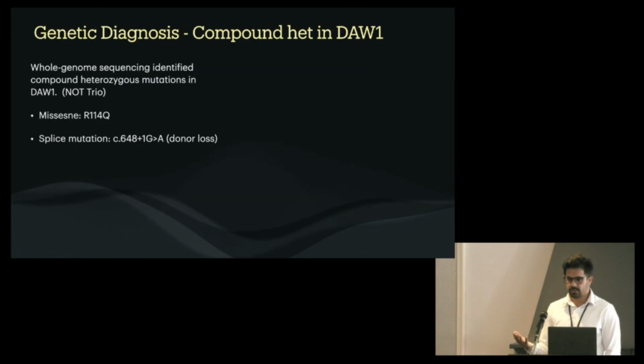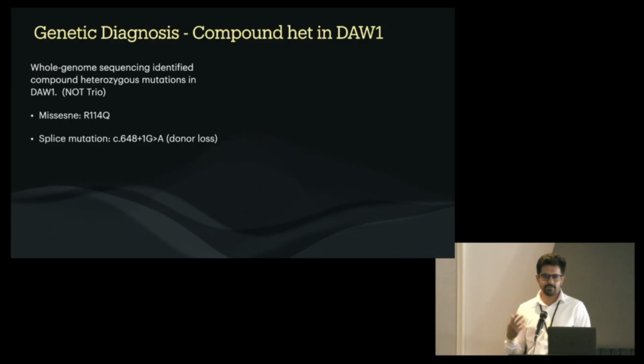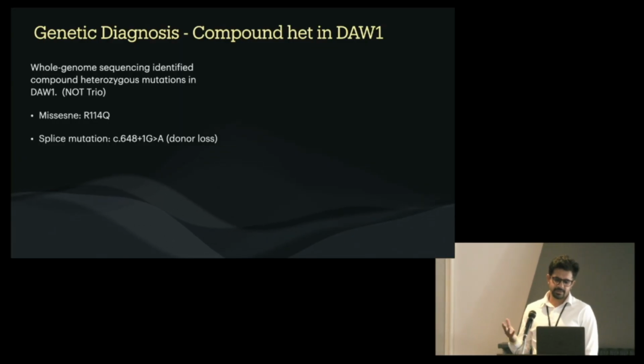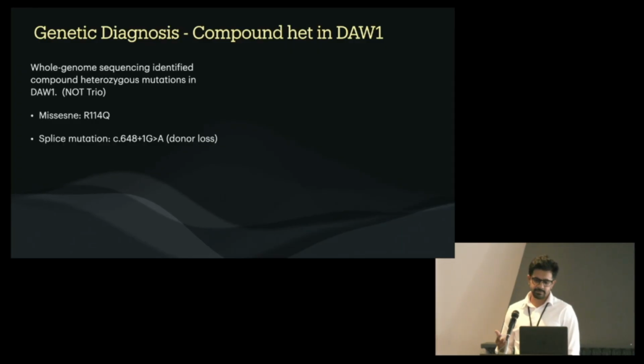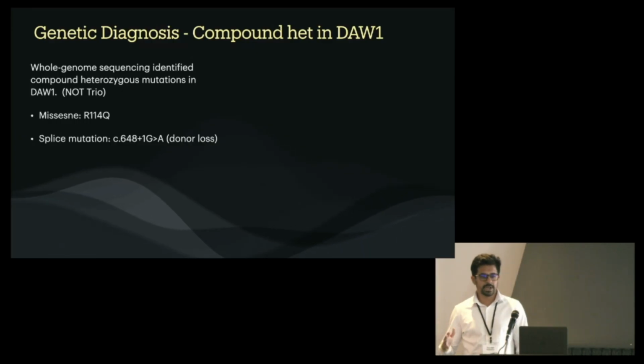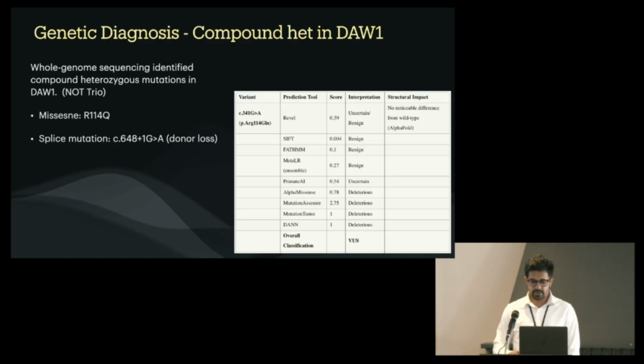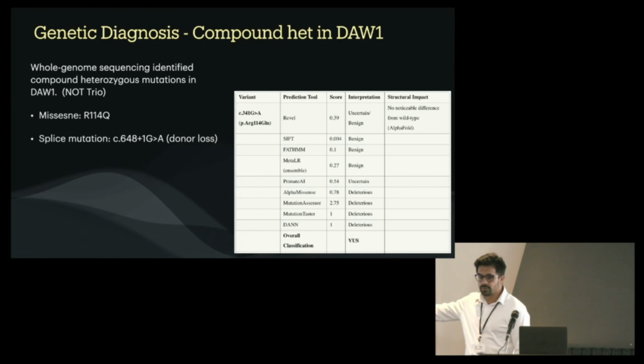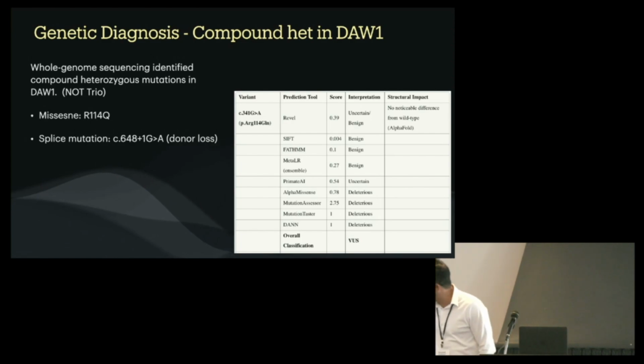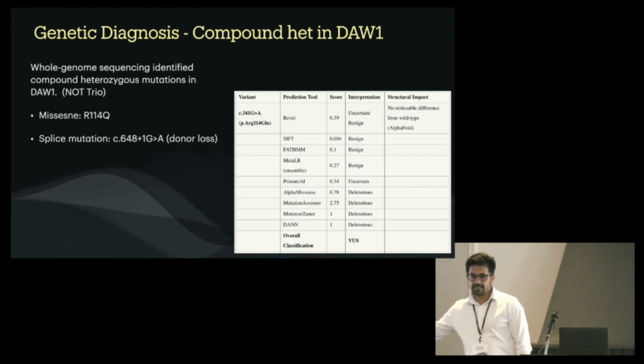We did whole genome sequencing for the patient, and we identified 2 mutations in DAW1. It was a compound het: one was a missense mutation, R114Q, and the other was a splice site mutation, which leads to donor loss. The first thing we did was look at the in silico predictions of these variants. For the missense mutation, the variant interpretation ranged from completely benign to completely pathogenic, rendering it a VUS.